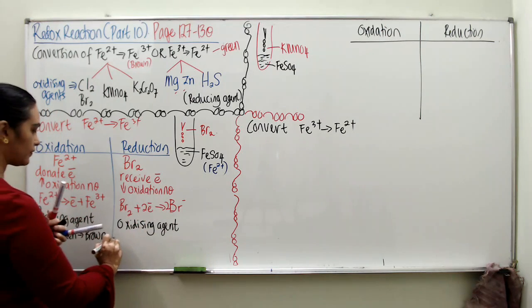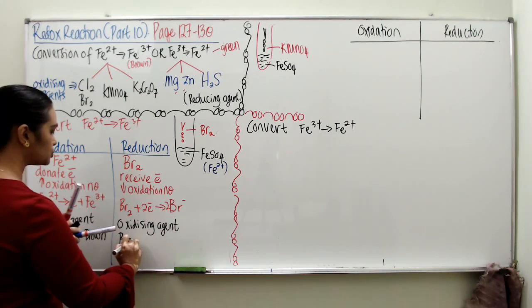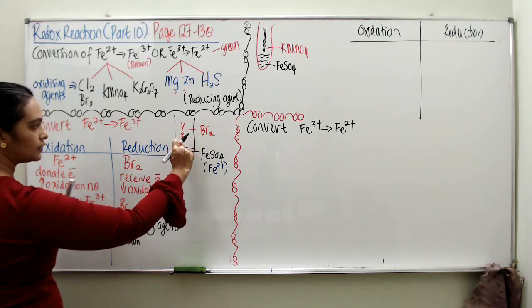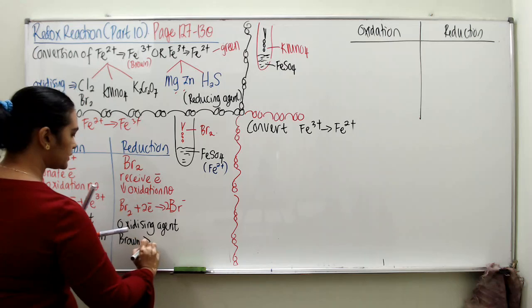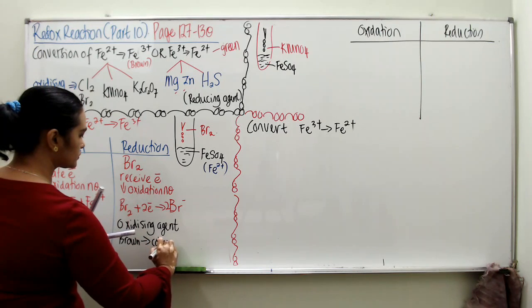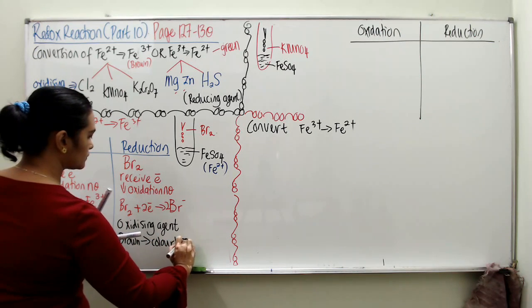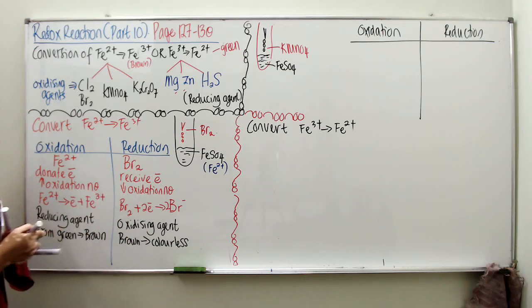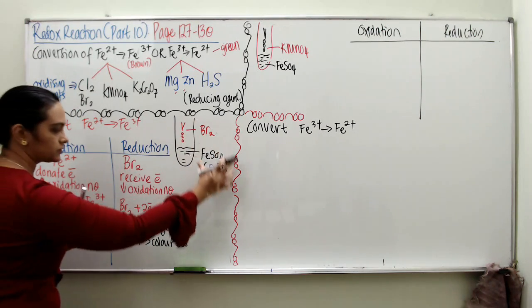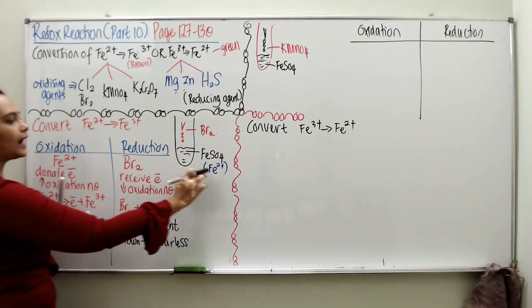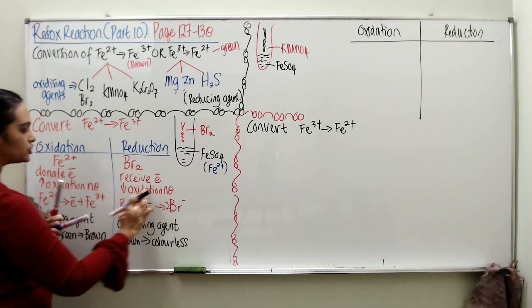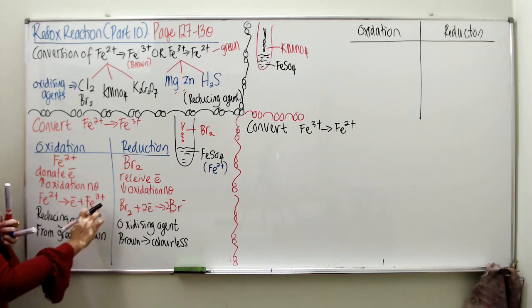So even when you are dropping the bromine, the brown turns into colorless. Okay, so this is the observation for this process. So you can say that indeed iron 2 ion has been changed into iron 3 ion.